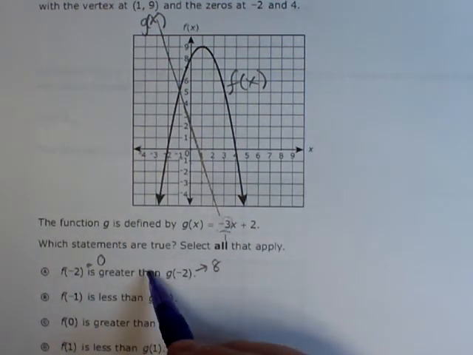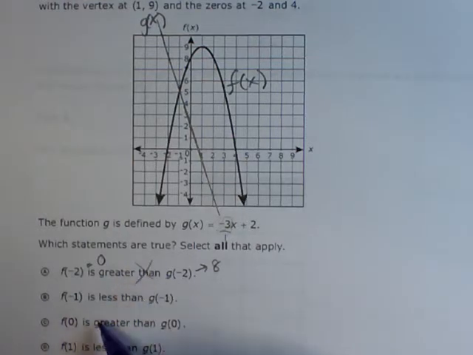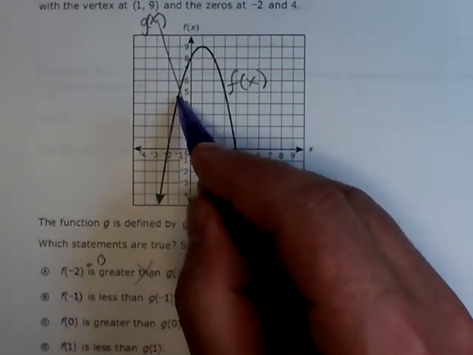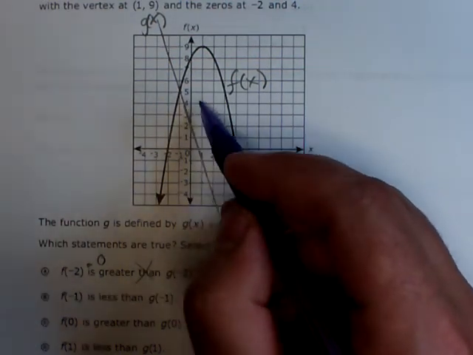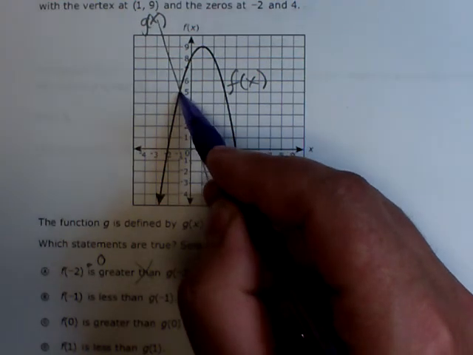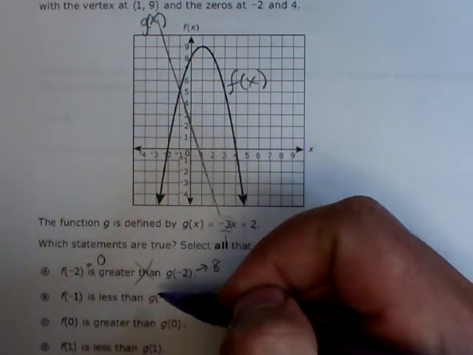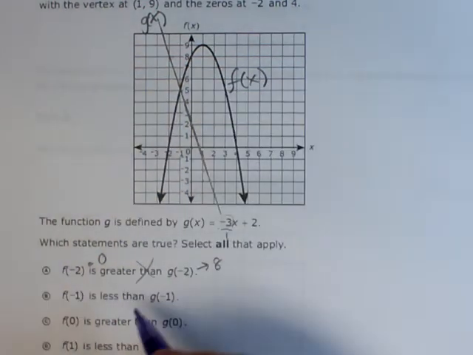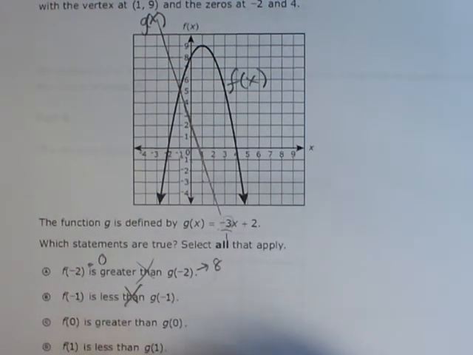So this is not true. F of -1 is less than g of -1? F of -1 is 5 and a little bit, it looks like. No, 5. And g of -1 is also 5. So they're not less than, they're equal.